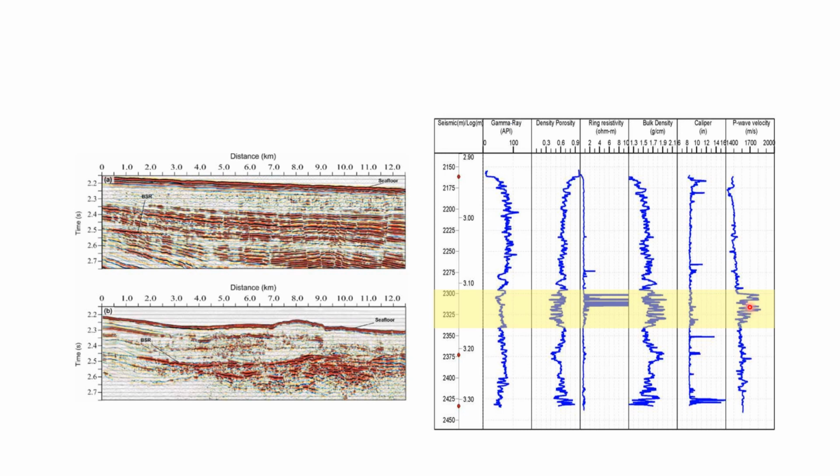We know that if there is presence of gas hydrate, then resistivity should be high, and here resistivity is very high; velocity should be high, velocity is also high; porosity should be high, porosity is also very high; and gamma ray value should be low, gamma ray value is low. So our conclusion is that because all the physical parameters are fulfilled for the occurrence of gas hydrate, in this zone the presence of gas hydrate is confirmed.